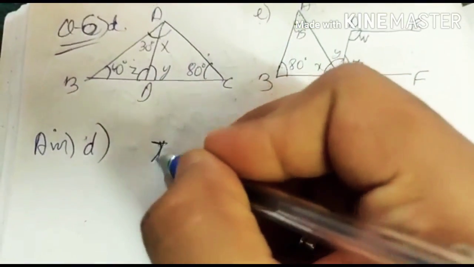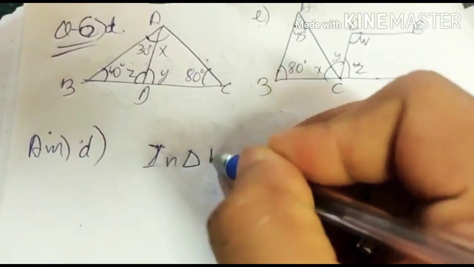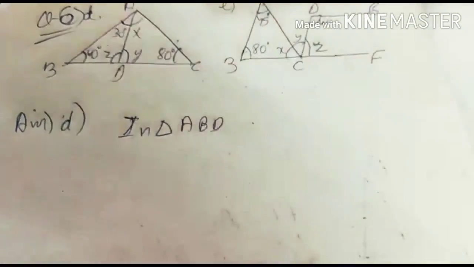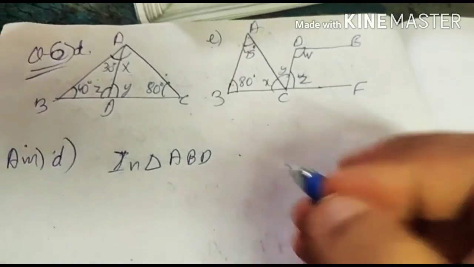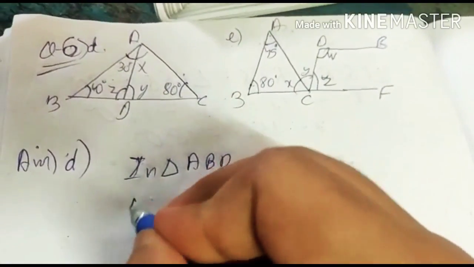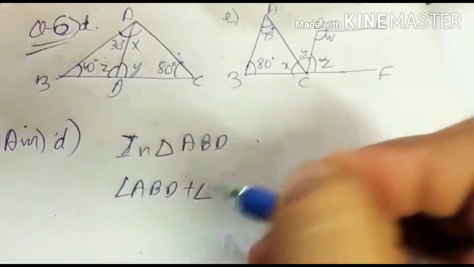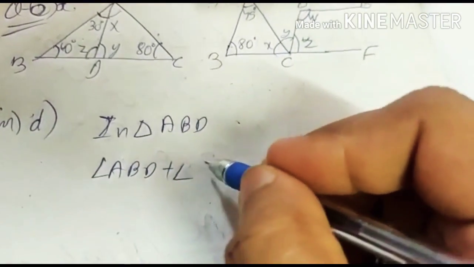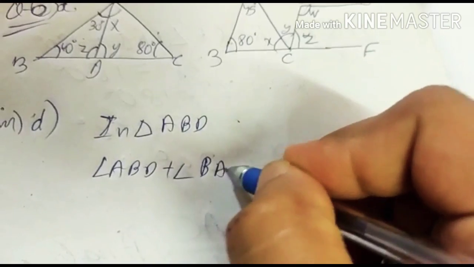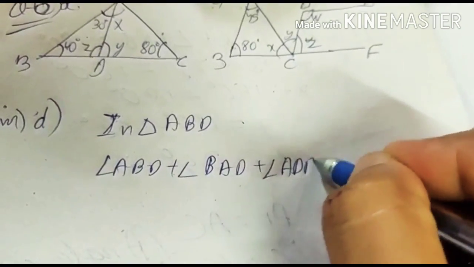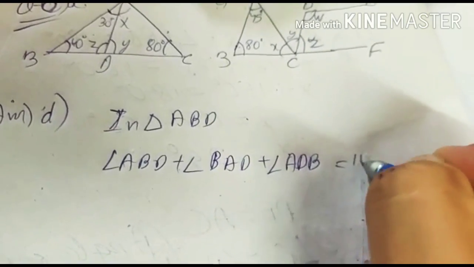So we will write, in triangle ABD, this statement is very important, angle ABD plus angle BAD plus angle ADB is 180 degrees.